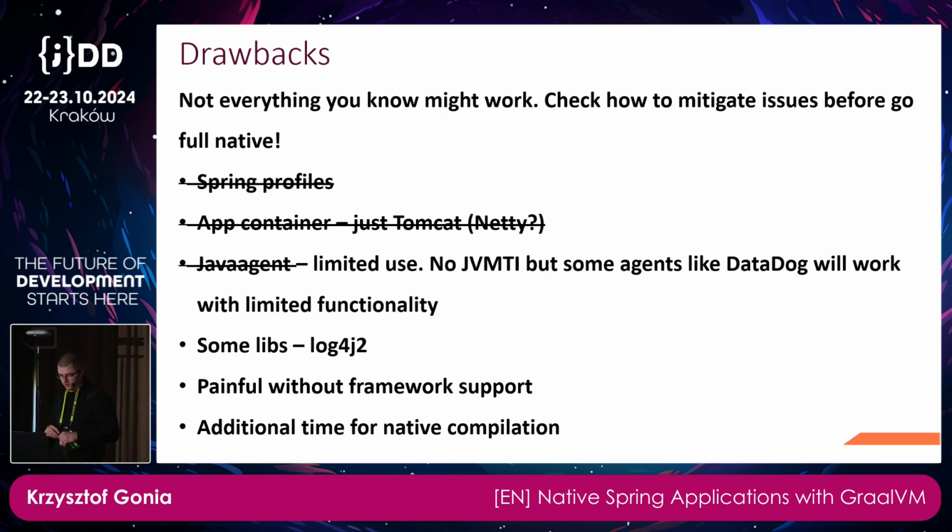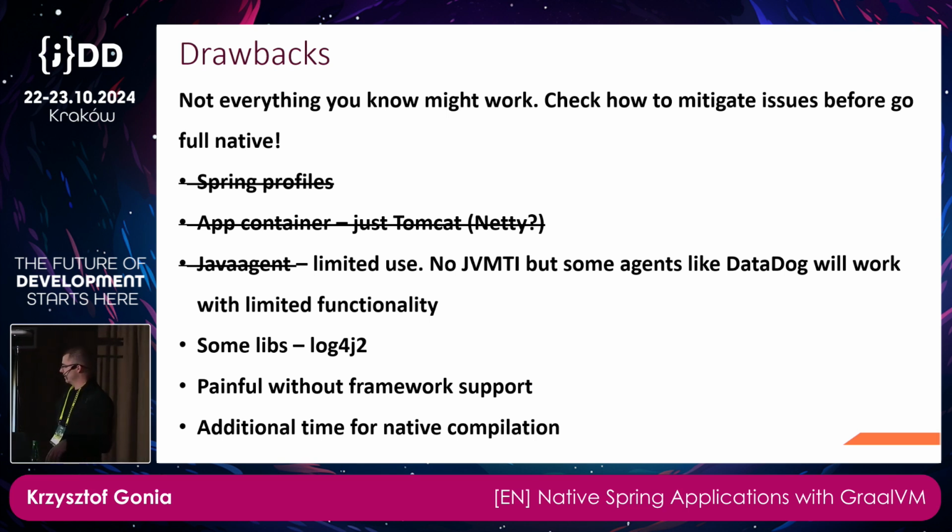Unfortunately, there are some libraries that can't be compiled. There are a few, but probably you all know log4j. It works well if you choose logback as your logger in, for example, a Spring application, and I think logback is the default one for Spring.